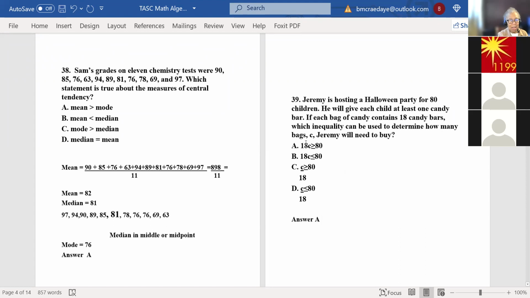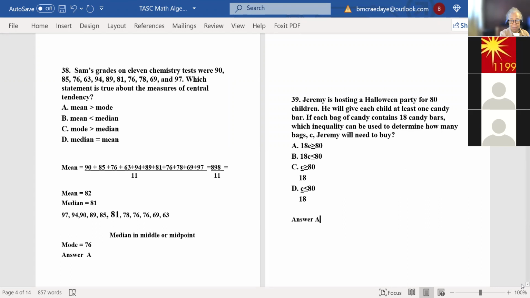The least amount of bags he could buy is 5, because 5 times 18 is 90. That's greater than 80. Four bags would be 72, and each child wouldn't get a candy bar.